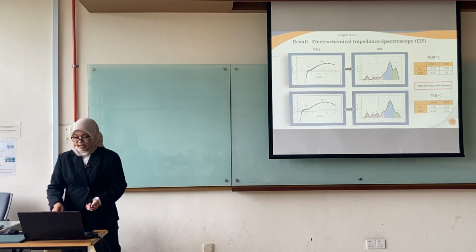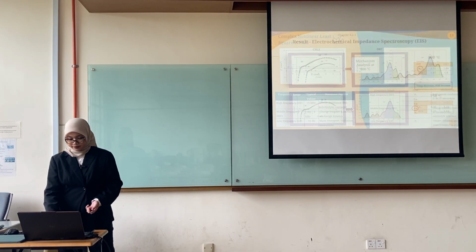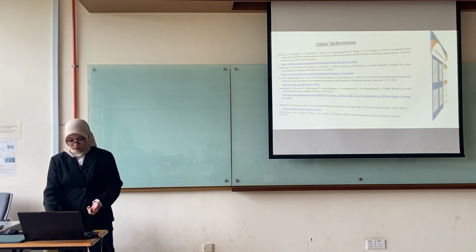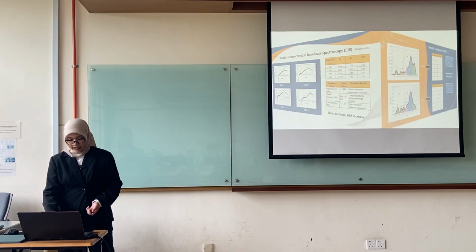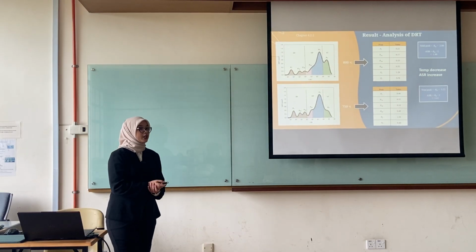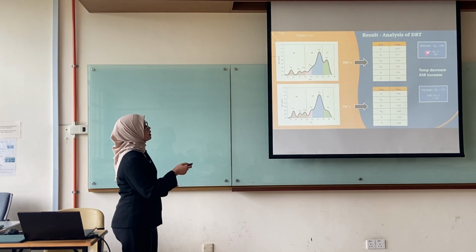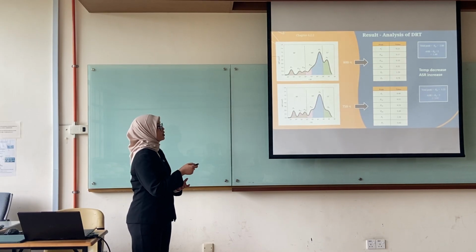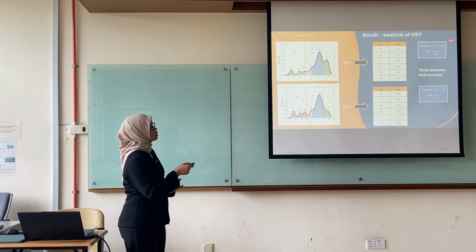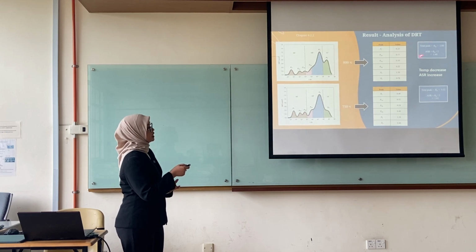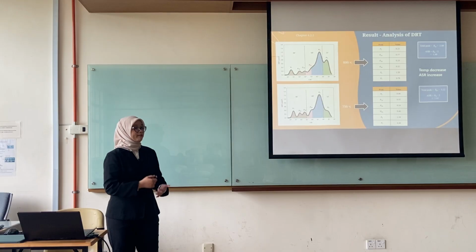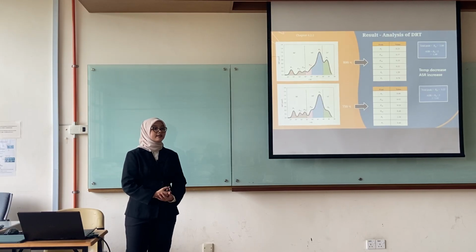So ASR I get from here. This is an example of the calculation of how I get ASR, where the total peak values that we get, we total up and it is called RP. So the calculation is RP divided by 2 to get the value of ASR, and we compare each temperature to get the best value.